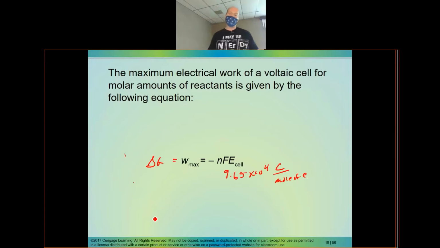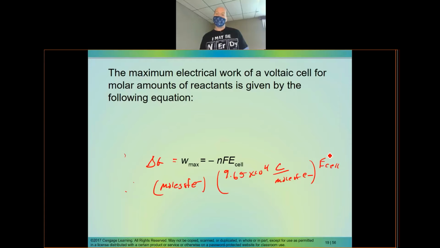That will always be the case no matter what you're doing. Units are extremely important. So n is not just moles of anything. It is moles of electrons. So n here has to be in moles of electrons, not moles of the solid, not moles of whatever. And then you're going to have your E cell, your EMF, and that's going to be in volts.